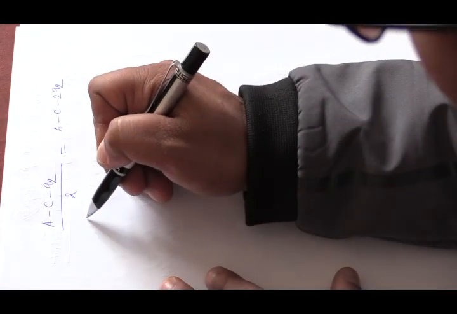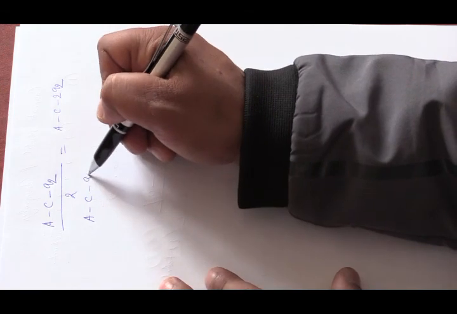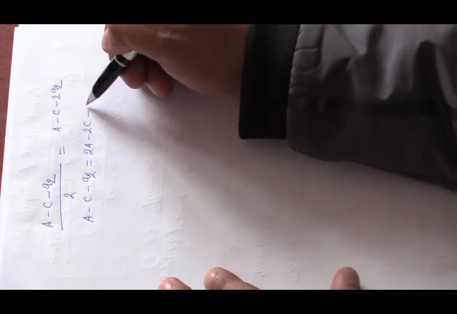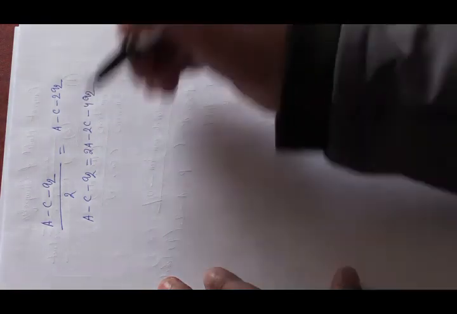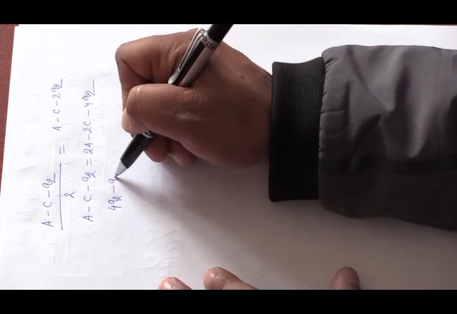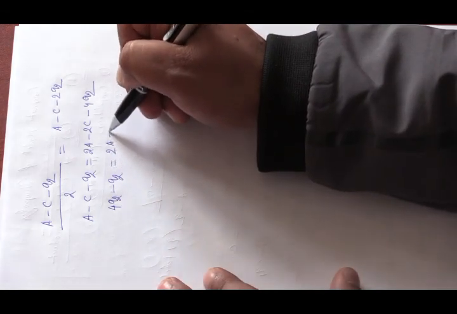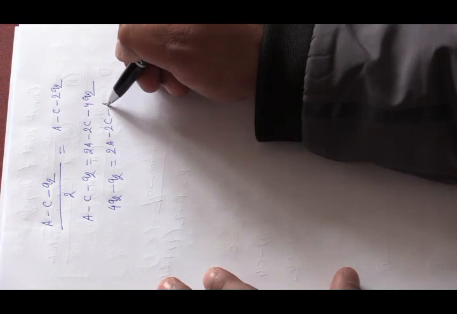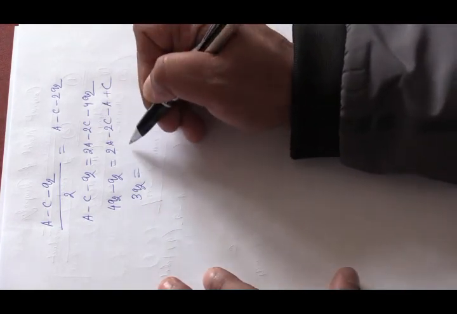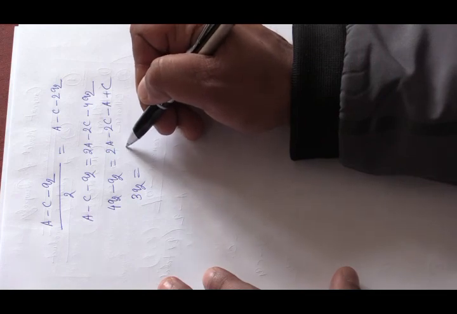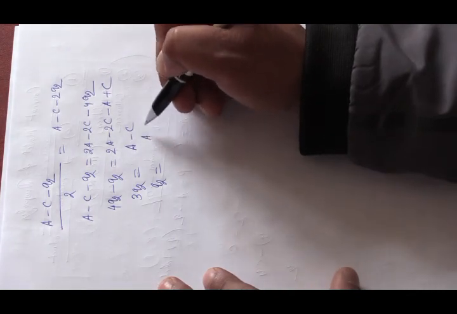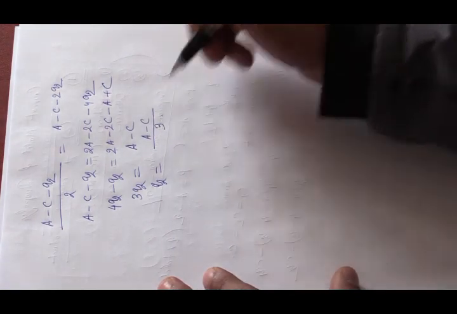By solving, if we take it to the right side, 4Q2 minus Q2 equals 2A minus 2C minus A plus C, so 3Q2 equals A minus C, and hence Q2 equals (A minus C) by 3.